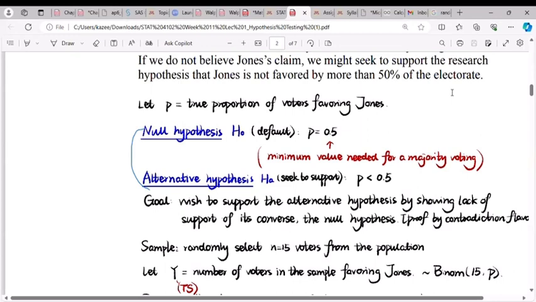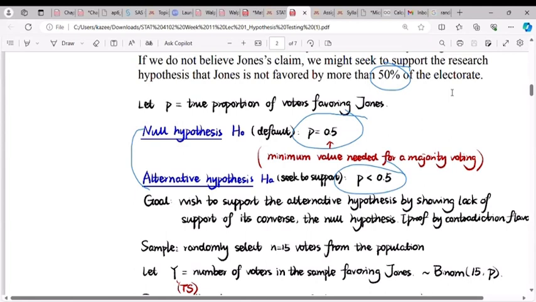So the 50% threshold that we mentioned the other time, we actually want to test under the null hypothesis that p equals 0.5, and under the alternative hypothesis that it's less than 0.5. Less than 0.5 is to be able to go against Jones' claim.